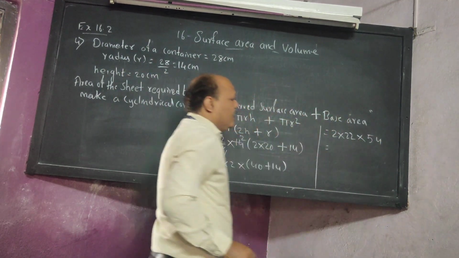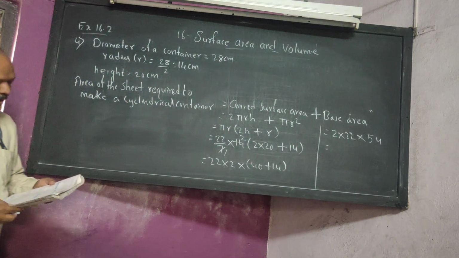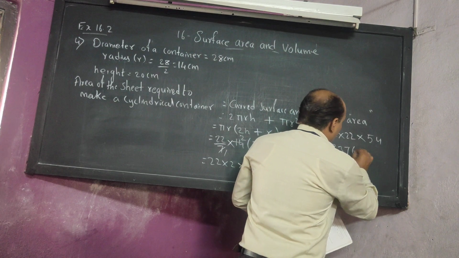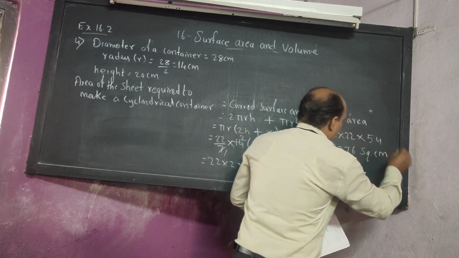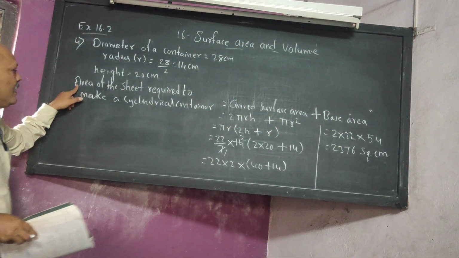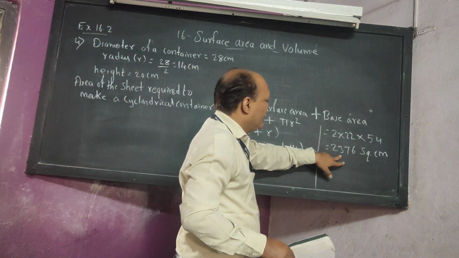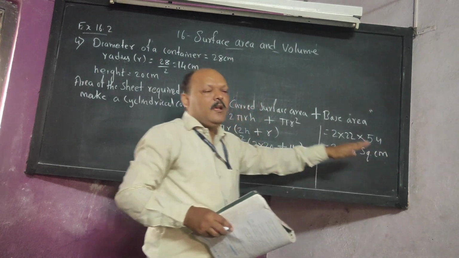We will multiply all the terms. So your answer you are going to get 2376 square centimeter. That means the area of the sheet required to make a cylindrical container is how much? 2376 square centimeter. I hope all of you understood.